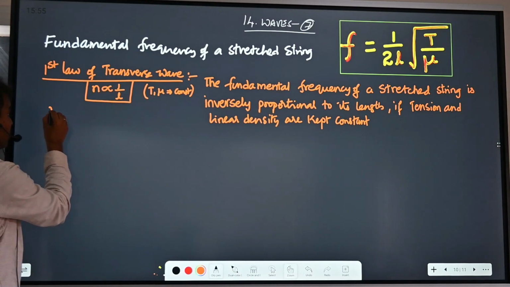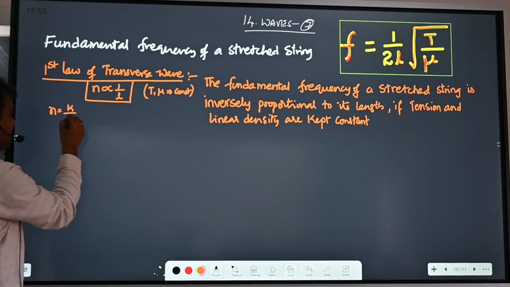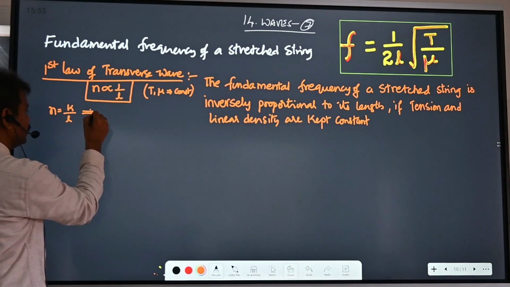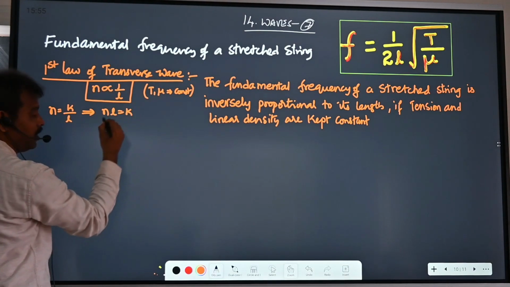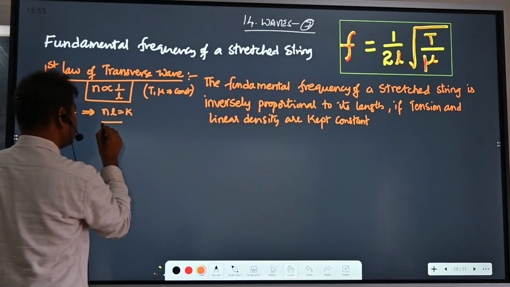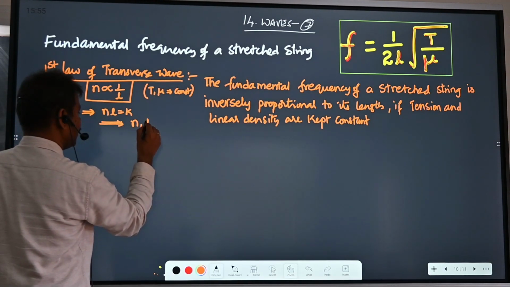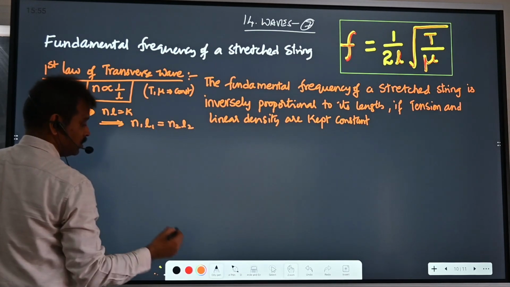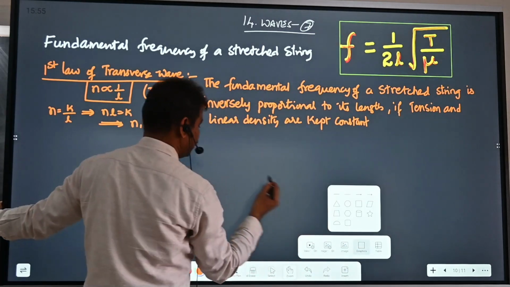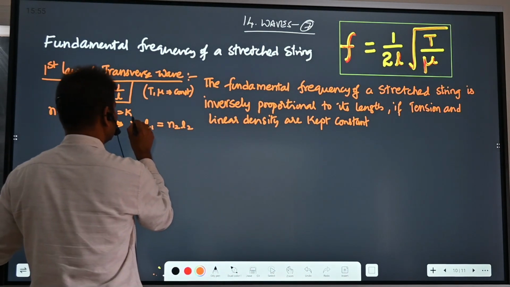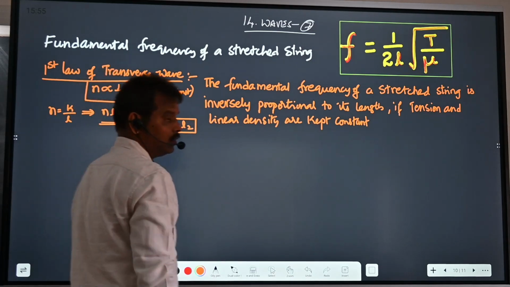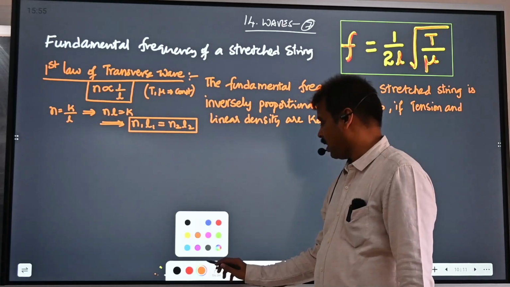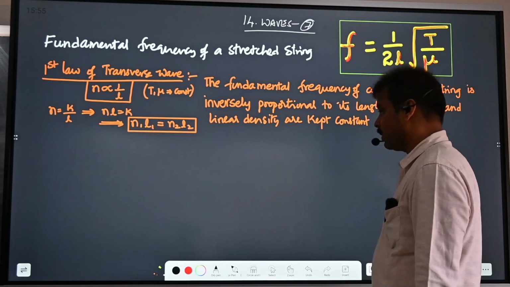So N is equal to K by L. From this NL is equal to K, or this can also be written as N1 L1 is equal to N2 L2. So this is the first law of transverse waves on a stretched string.